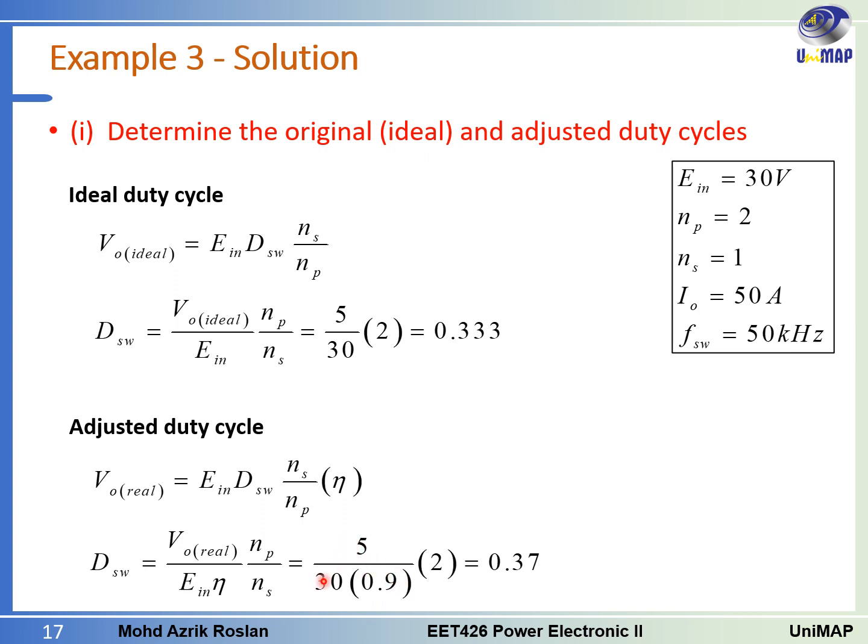When he puts this parameter in the equation, he gets the duty cycle of 0.37. This is the duty cycle that is supposed to increase the voltage to 5 volts if the reason is only due to the efficiency. So now we have determined the original ideal duty cycle and the adjusted duty cycle, which is 0.37.